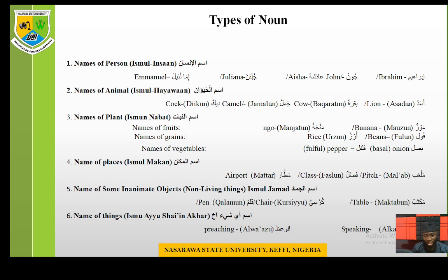Under this name of plant, we have three categories of plant. We have names of fruit, names of grains, and names of vegetables. Under fruit, we have mawzun, which is banana. We have manjatun, which is mango.